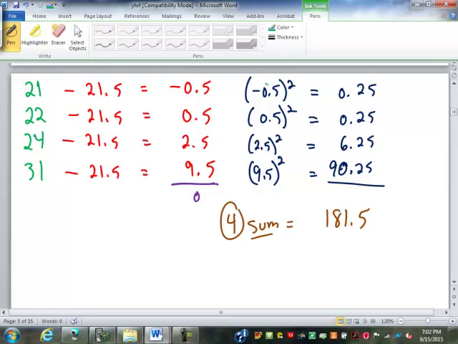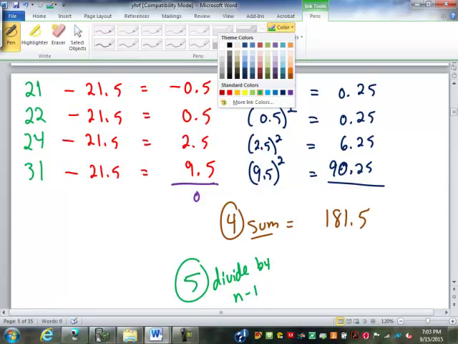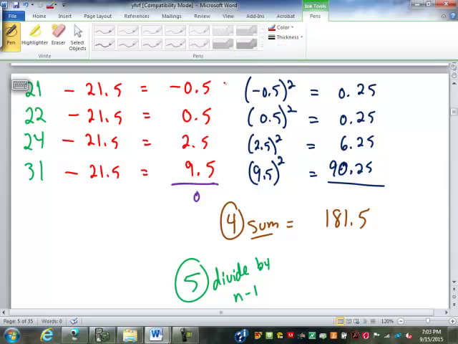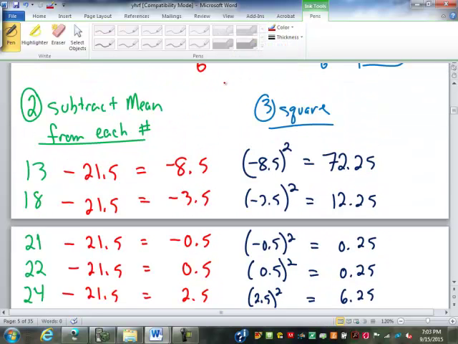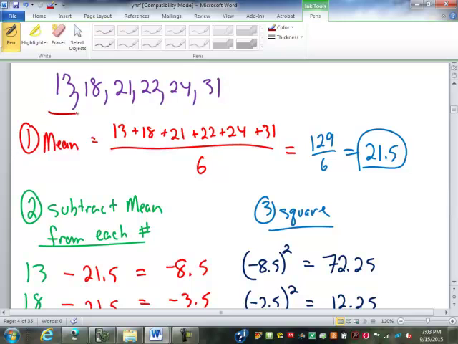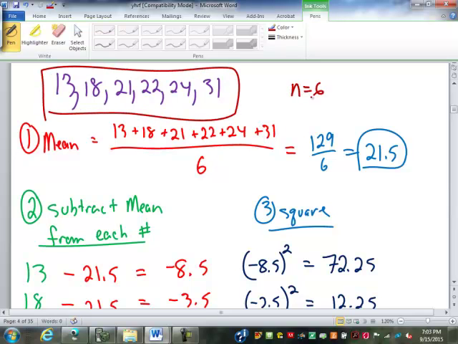Step 5 is where it gets to be a little tricky. Step 5, we're going to divide by n minus 1. N, of course, is the number of items in the list. How many items are in this list? 6. N equals 6. That's why we divided by 6 in our mean.